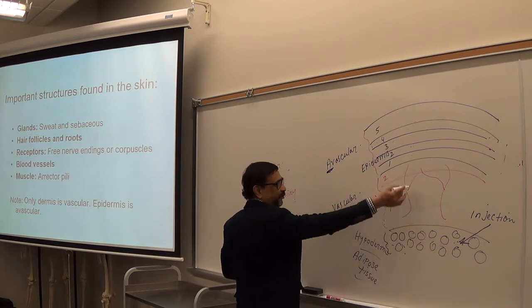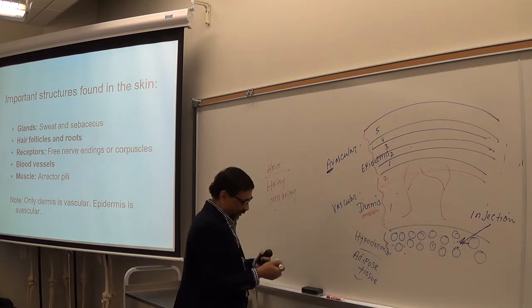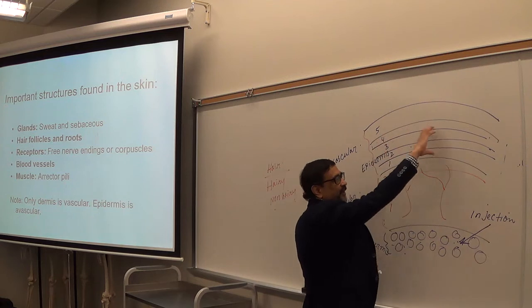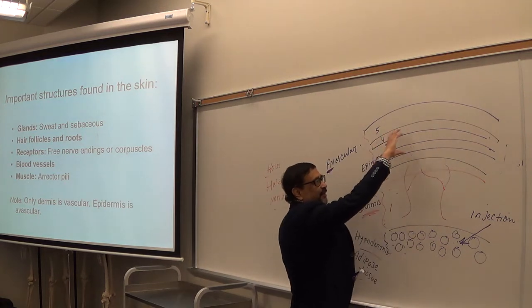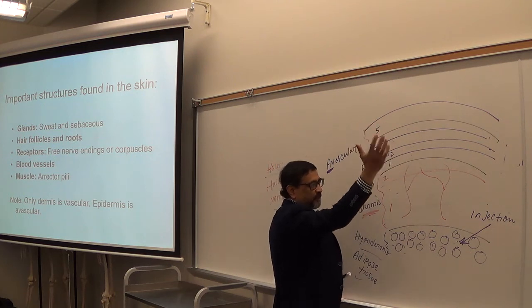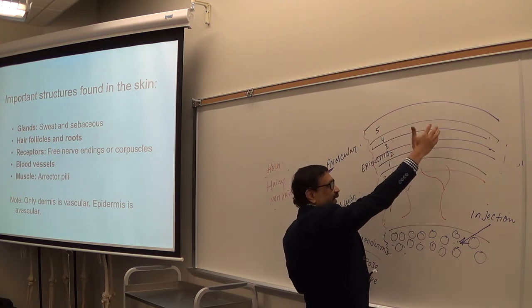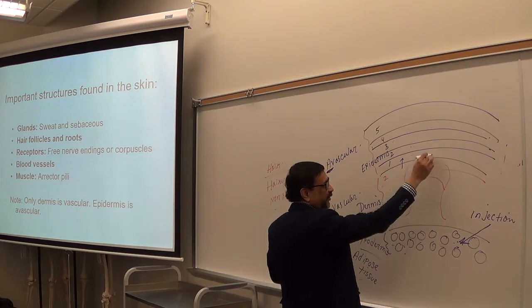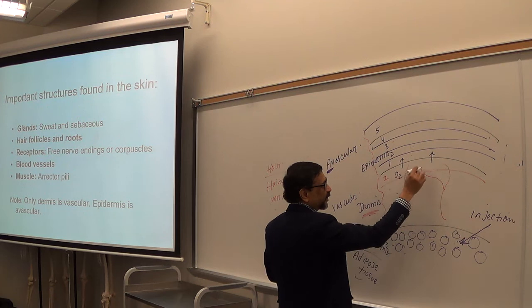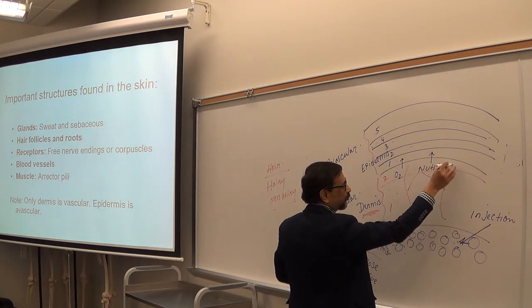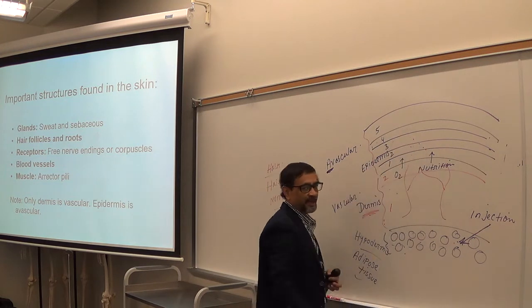Okay, it has blood vessels. Now you can ask me, then how do the cells of your epidermis get oxygen, get nutrition, if there is no blood vessel here? By diffusion from the underlying dermis, oxygen and nutrition enter into the epidermis.